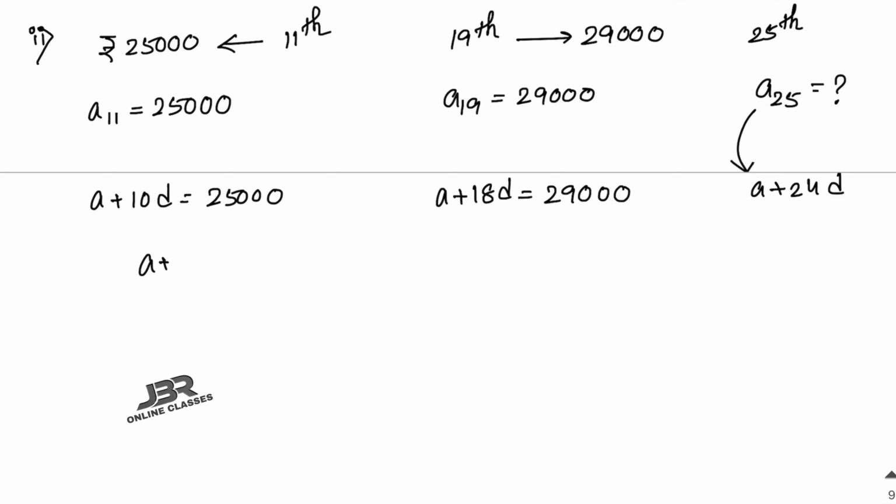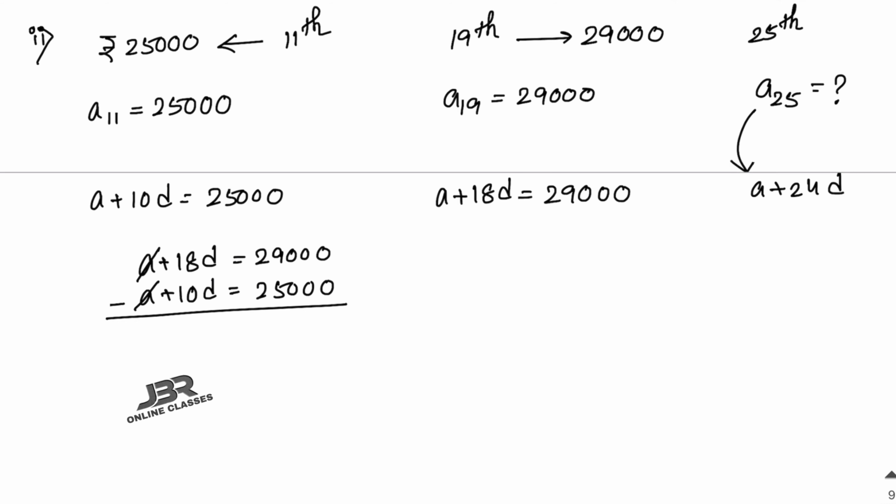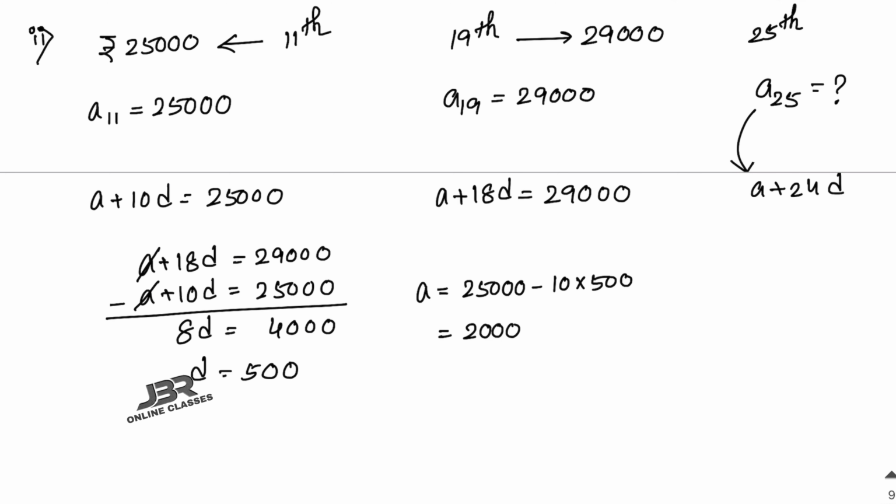As A plus 18D is 29,000 and A plus 10D is 25,000, if you subtract, A cancels out, 8D equals 4,000. That means D equals 500. As D equals 500, A equals 25,000 minus 10 into 500, I mean 5,000, so 20,000.